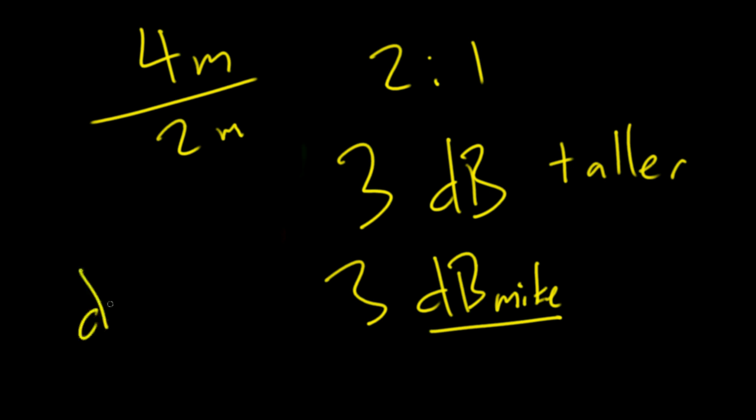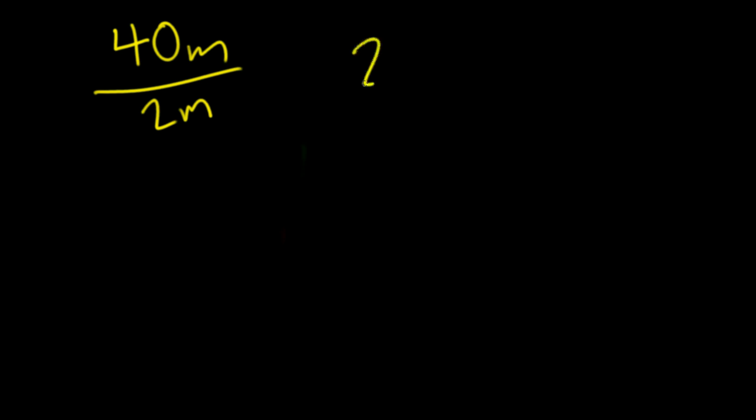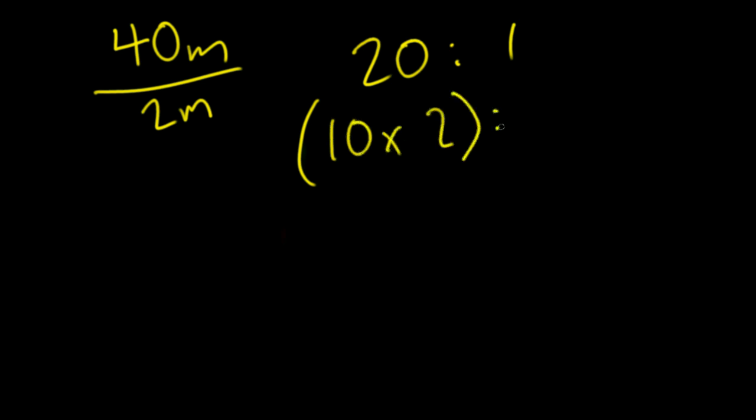A similar thing you might have seen before is something like dBm, which is a way to describe decibels relative to milliwatts. Now, what if he were, let's say, 40 meters tall? How much taller is he than me? Well, 40 meters over 2 meters, that's a ratio of 20 to 1, or a ratio of 10 times 2 to 1.